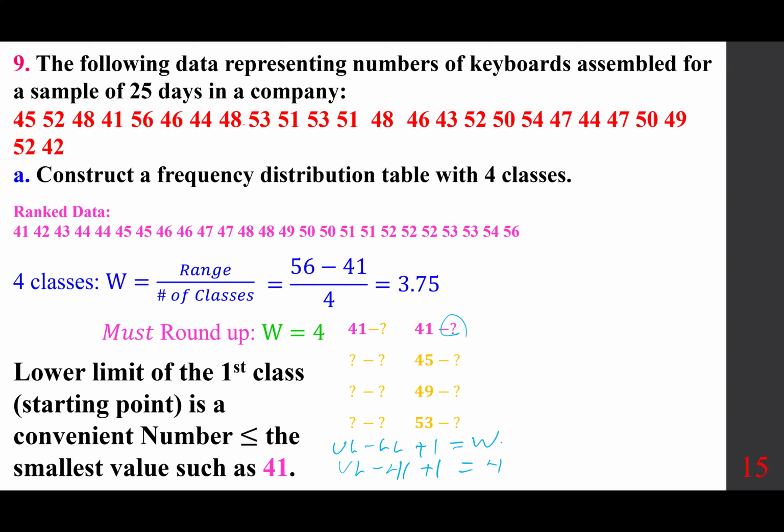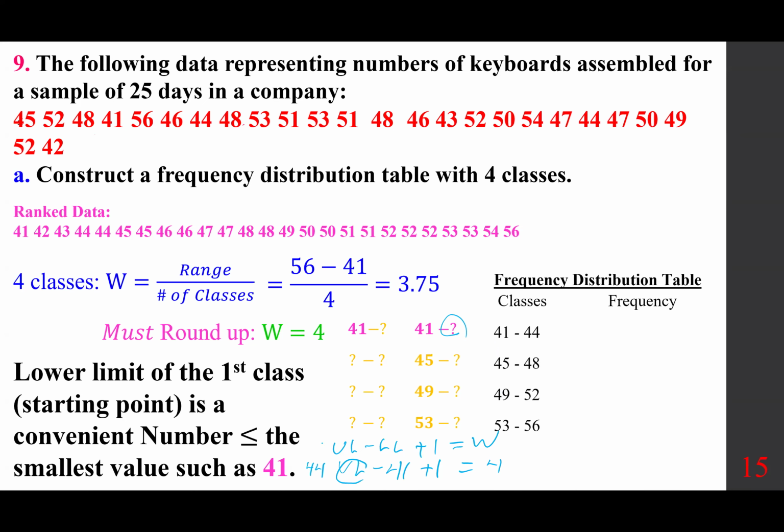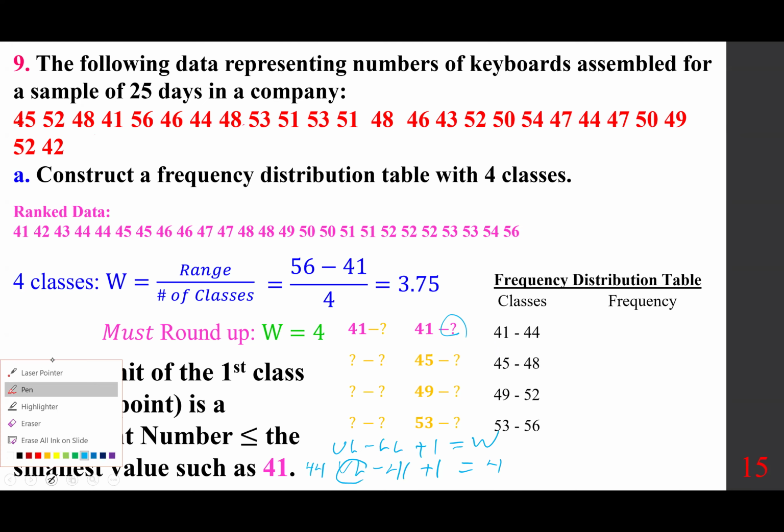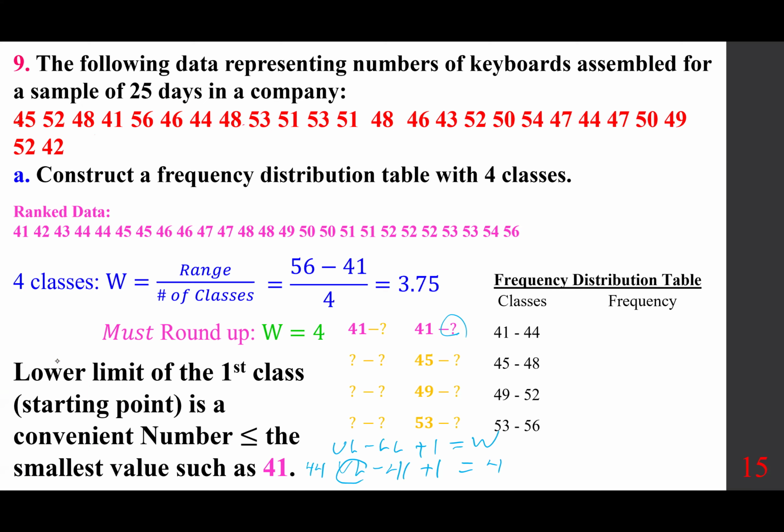So this becomes 44, and then keep on adding 4. Notice this is 44, add the width, and notice the last number is 56. So that's the reason I started with 41. If you go with 40, 56 won't be there, class, because with 40, this one ends up being 55. That's why.